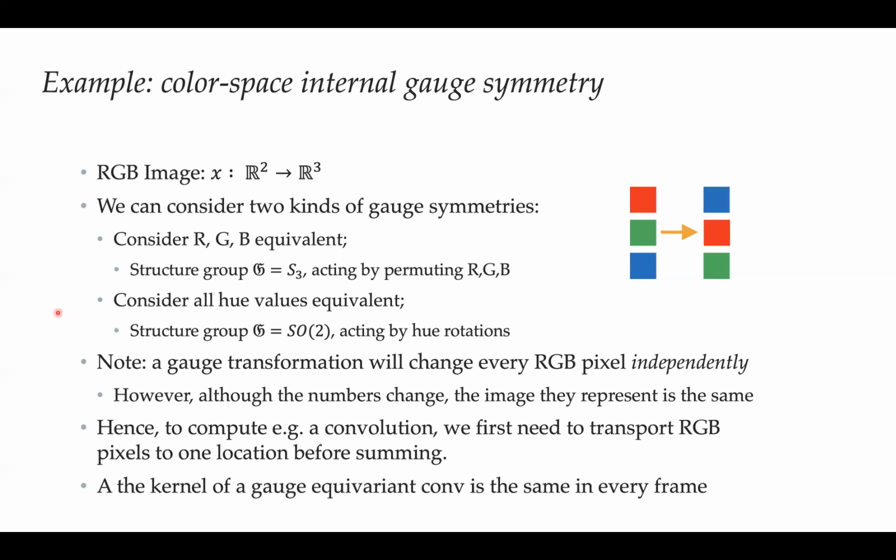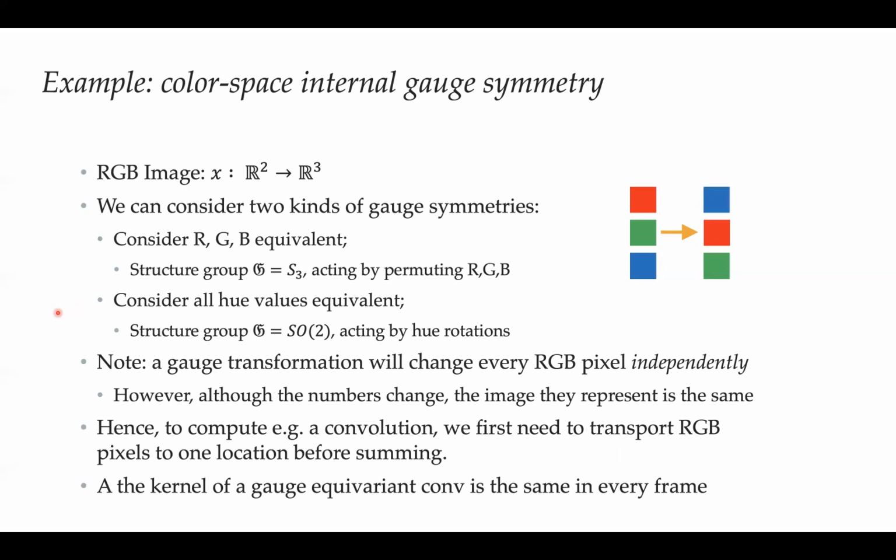Now, it's important to realize that a gauge transformation will change every RGB pixel independently at each position. So if you did this, the numerical representation, once again, would change drastically. And if you were to plot that image, interpreting the first coordinate as R, the second as G, and the third as B, you would get potentially complete garbage.